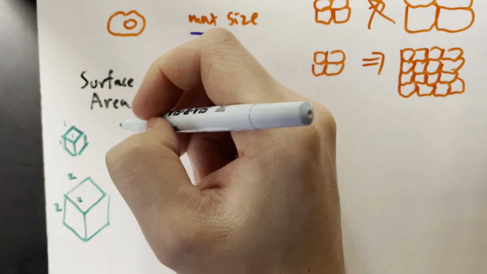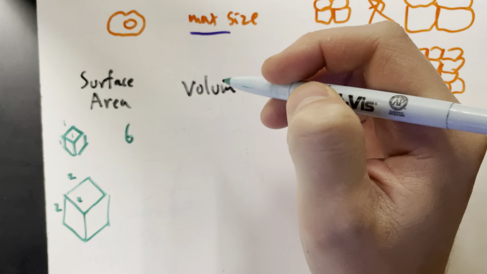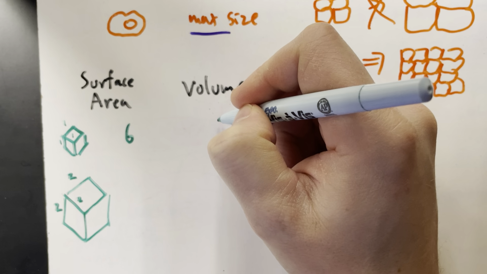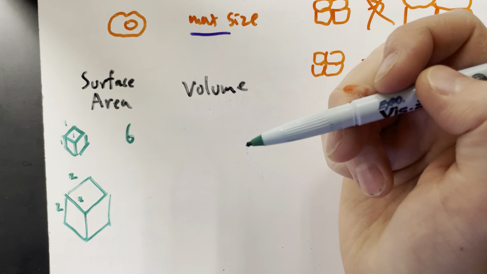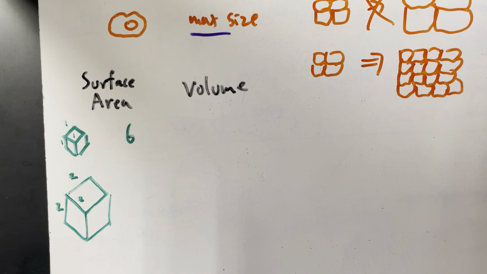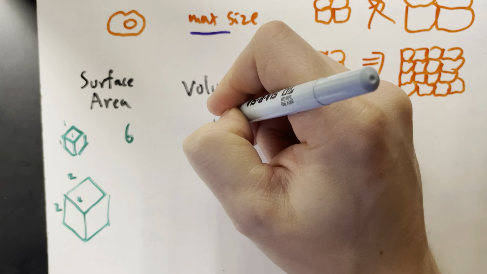So this one has a surface area of 6. And then the volume. What's the volume of a 1 by 1 by 1 cube? 1. 1 times 1 times 1 is 1.